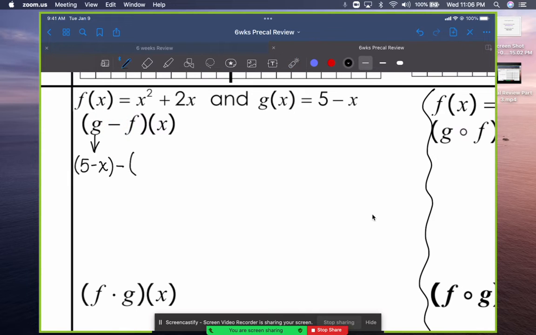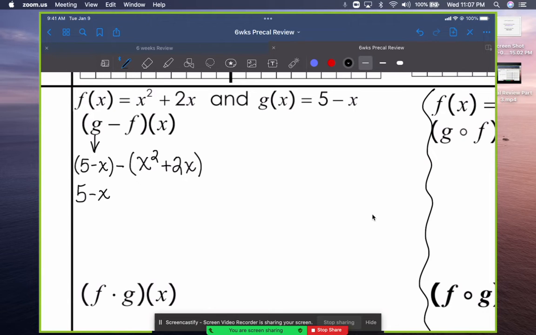Okay, the f function is going to be x squared plus 2x. Okay, now this is where you guys are getting caught. Because we have this minus sign, I need to distribute that negative to each of the parts inside the second half. The first part of this equation, the 5 minus x, stays the same, so I'm going to go ahead and drop the parentheses.